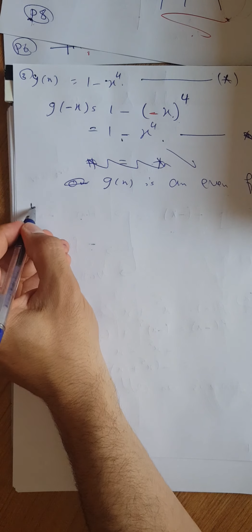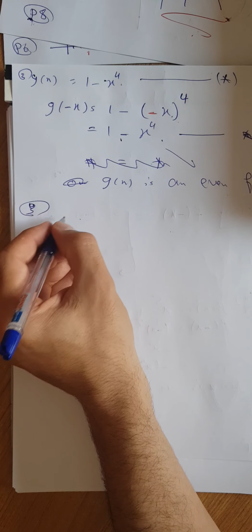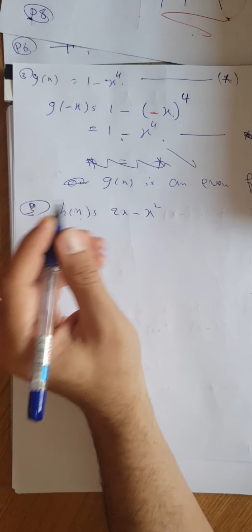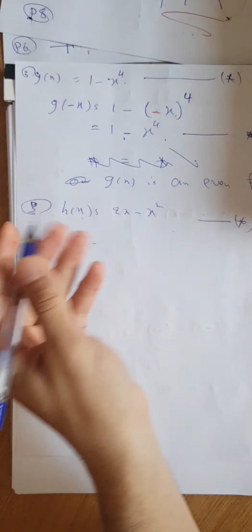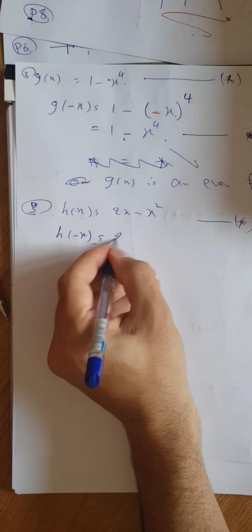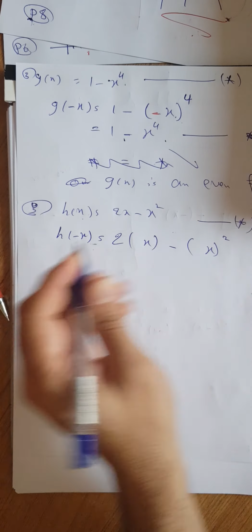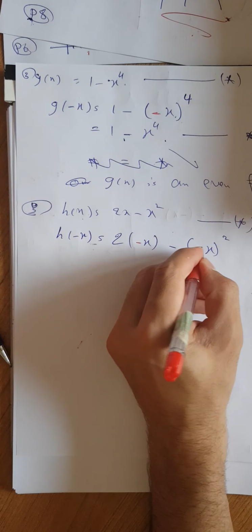Okay. Example 3. H of x is equal to 2x minus x squared. This is my equation star, my function. Now I should give minus to each x. In front of each x should be minus x.